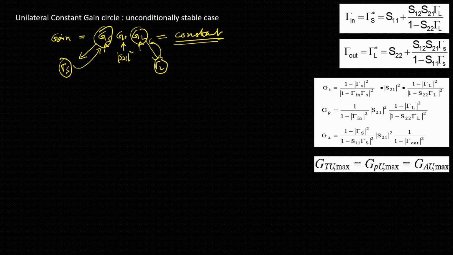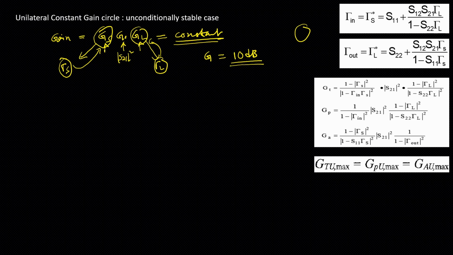Constant gain circle means if they have given me a needed gain, let me call the gain G equal to 10 dB. Then from this I want to develop a mechanism to draw one circle in my Smith chart. For that I have a few steps, so you need to see step by step.